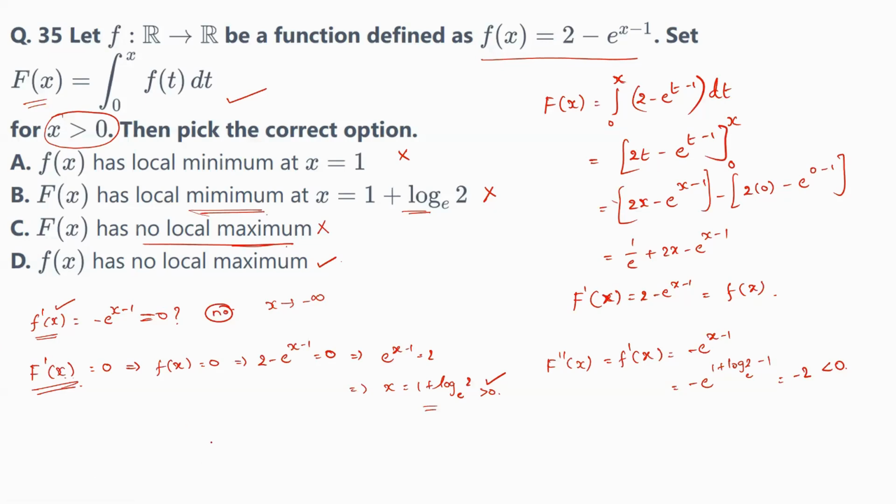So let us see how the graph of this looks like. How does e power x look like? E power x looks like this. E power x minus 1. This is y equal to e power x. So e power x minus 1, it will look like this.